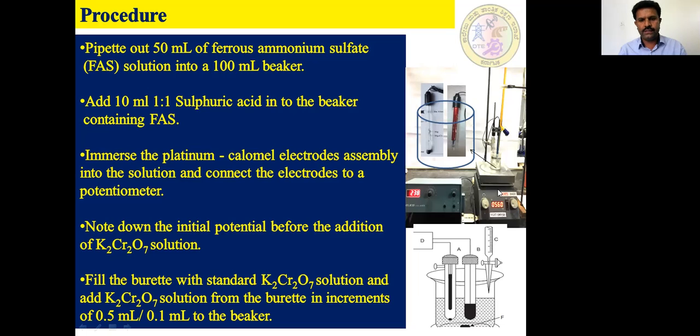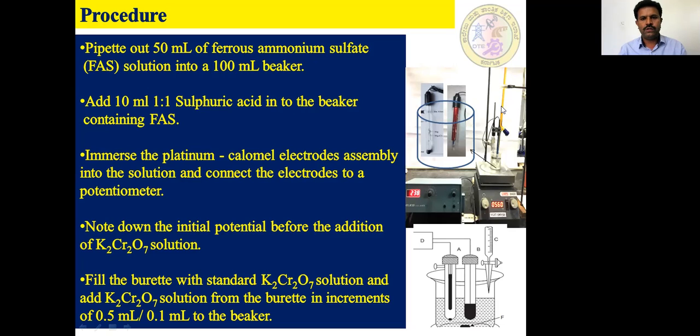After this, we should note down the initial cell potential, that means the potential difference between these 2 electrodes, before addition of standard potassium dichromate solution. Before addition of titrant, we should note down the initial potential difference.